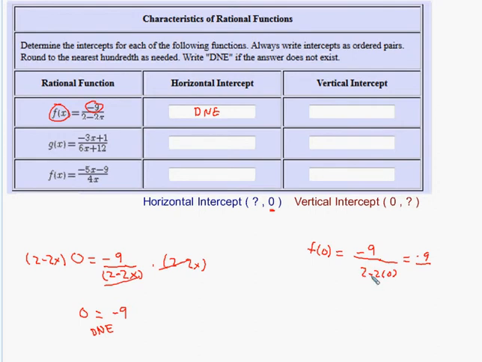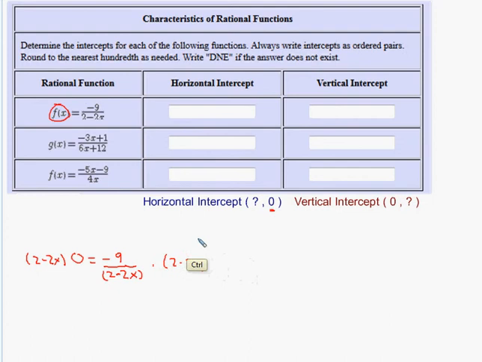So you'd have 2 take away 0, which is 2, and you get -9 halves. -9 halves is the same thing as -4.5. 2 goes into 9 4 times with 1 left over, and you'd have that as 1/2. So here, remember, we found the vertical intercept by replacing x with 0, and by doing so, we found that the y-coordinate would be -4.5.